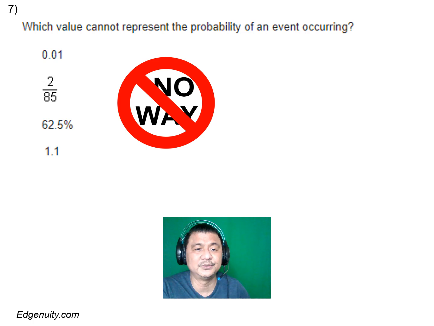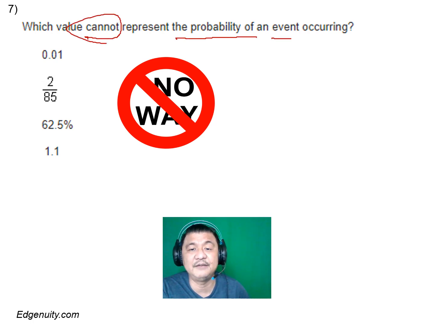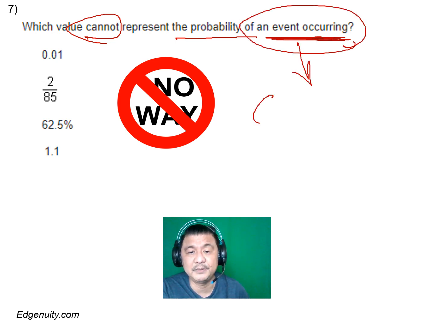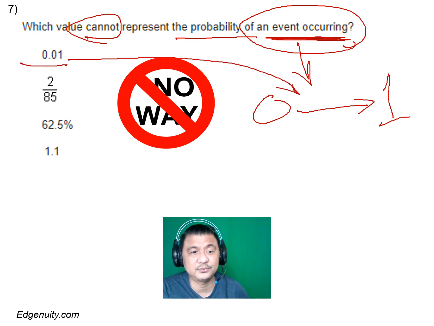Which value cannot represent the probability of an event occurring? If it will happen, remember our scale is 0 to 1. So this is still part of that. Yes, it will happen. This is still part of that. 0.625 is 0.62.